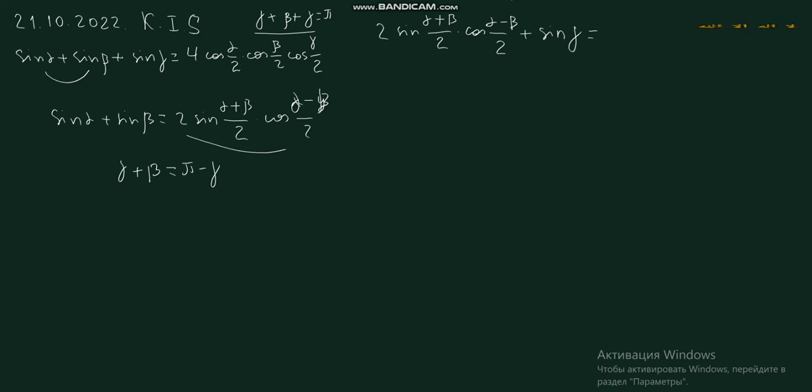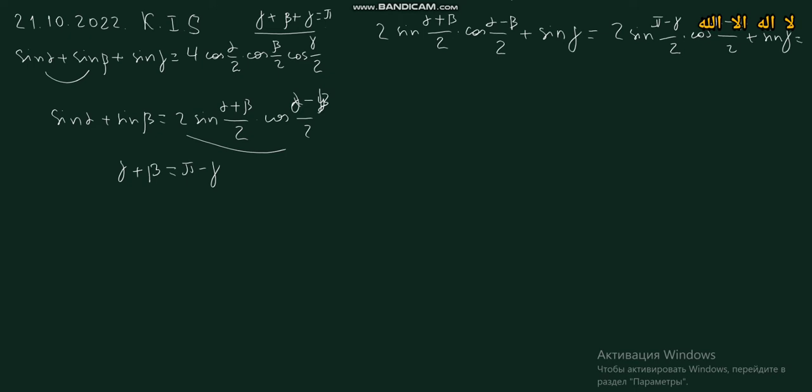So instead of alpha plus beta, I write 2 sine of pi minus gamma over 2 times cosine of alpha minus beta over 2 plus sine of gamma.